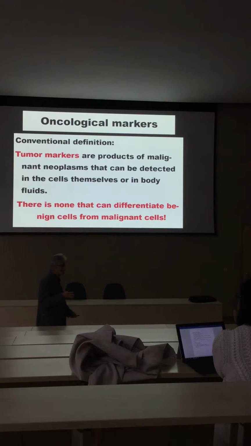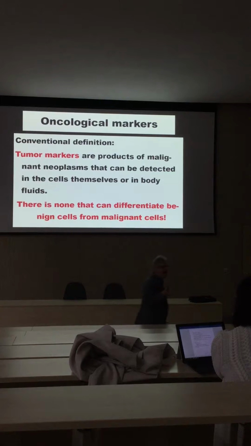Because malignancy, the bad behavior, is the result of a complex interaction of many different factors and features. So there's not one marker that could reliably tell us whether a skin lesion is a benign nevus or a malignant melanoma. And that's just one example.